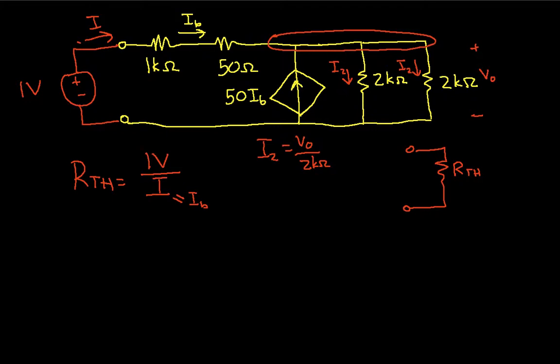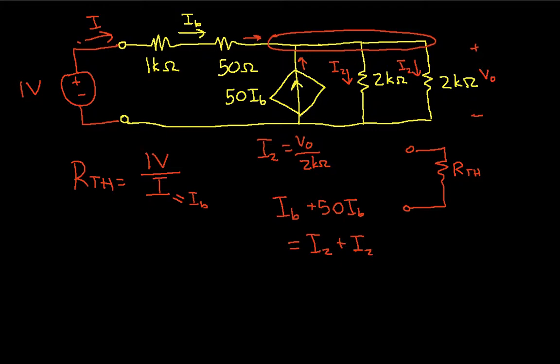So now, applying Kirchhoff's current law, the current coming in here is I sub B. The current coming in here is 50 I sub B. The current leaving is I2 plus I2.